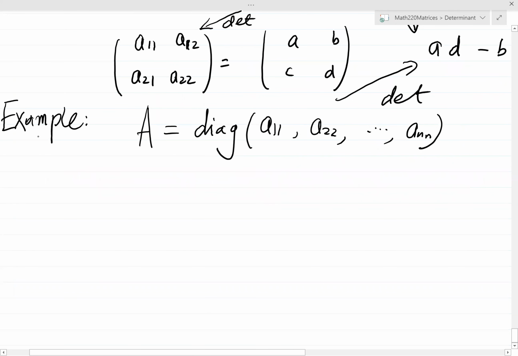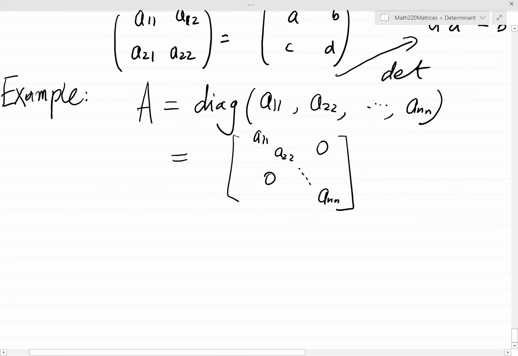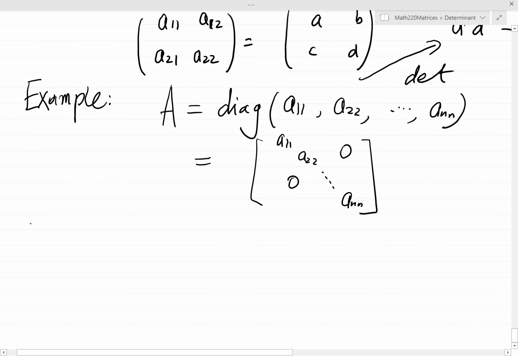If you write it in diagonal form, this will be A11, A22, Ann, and all other entries are 0. Now you see, determinant of A using the definition. Of course here Aij is 0 if j is not equal to i.